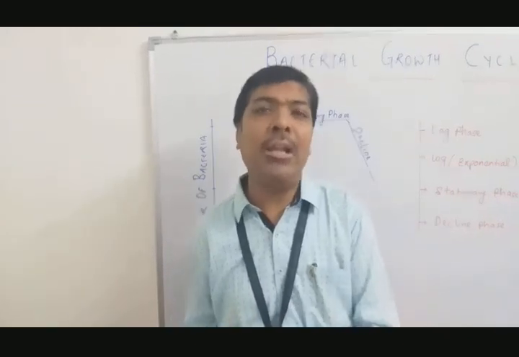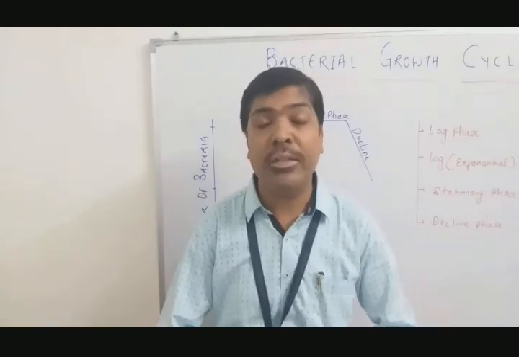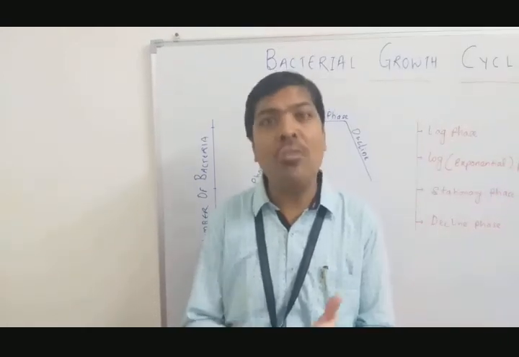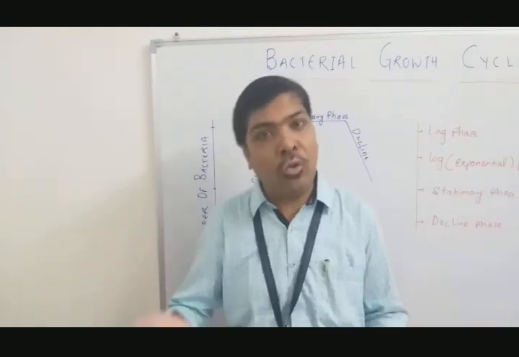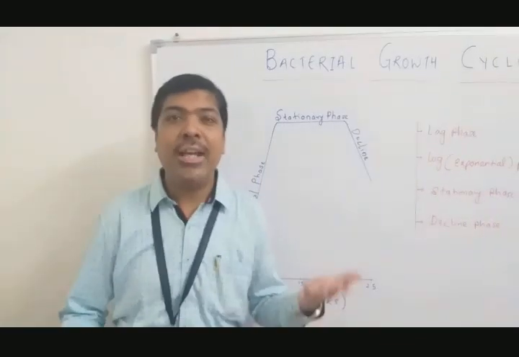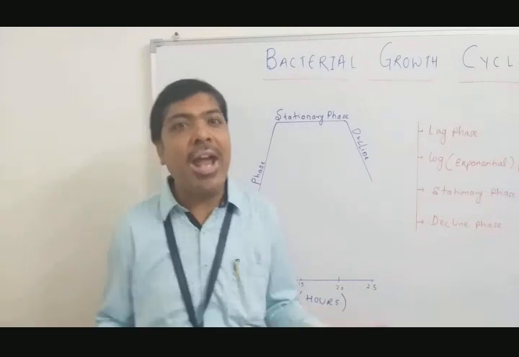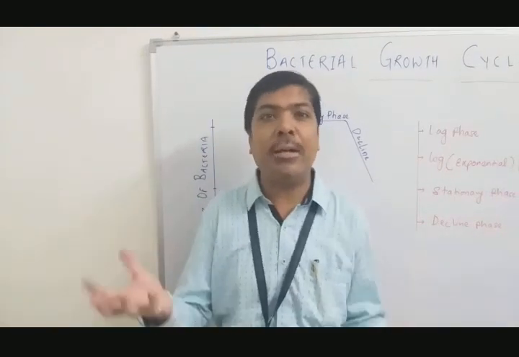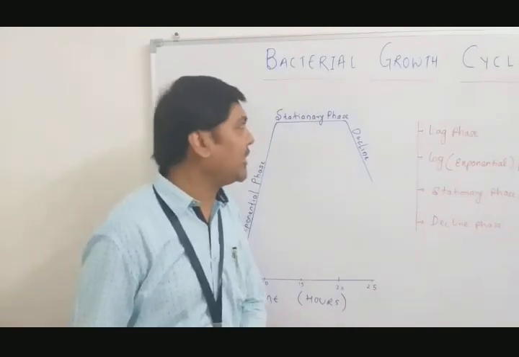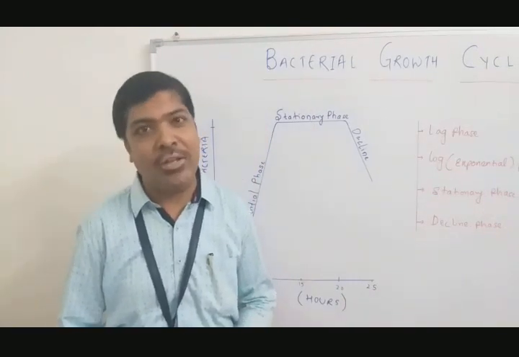So these toxic elements and the various deaths of the bacteria somehow maintain the balance between the growth and the death of the bacteria. So there is a stationary phase in which the growth of the bacteria and the death of the bacteria are somehow balanced. Then that particular phase of the bacterial growth cycle is called the stationary phase.